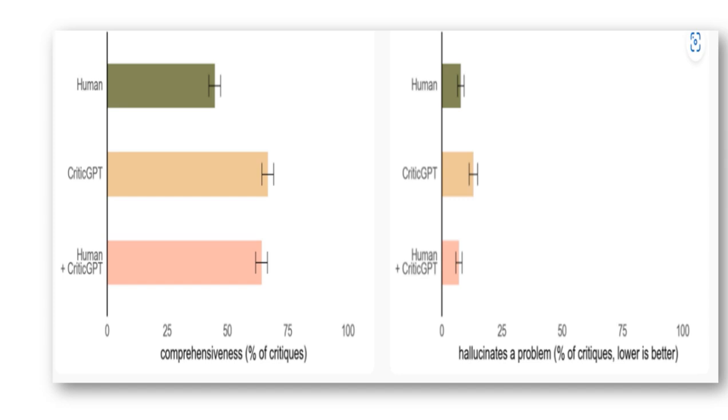We asked AI trainers to manually insert these mistakes into code written by ChatGPT and then write example feedback as if they had caught the bug that they just inserted.